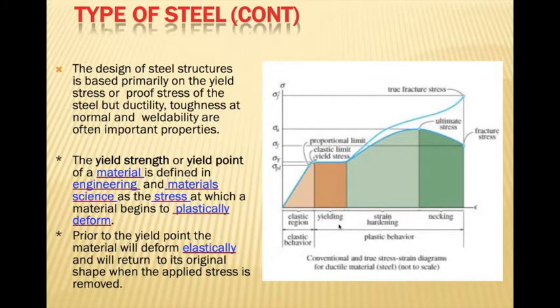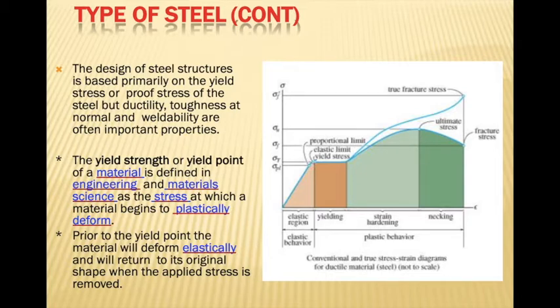When we mention that it will start to yield, it means that it will no longer go back to its original length. For example, if we pull out a steel bar, at a certain point it tends to lengthen, so it will go longer.